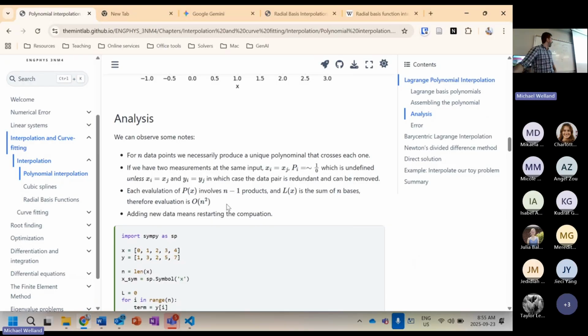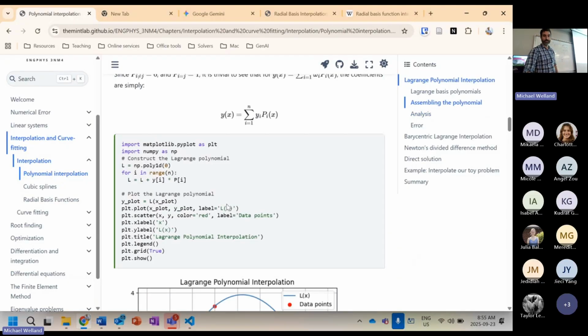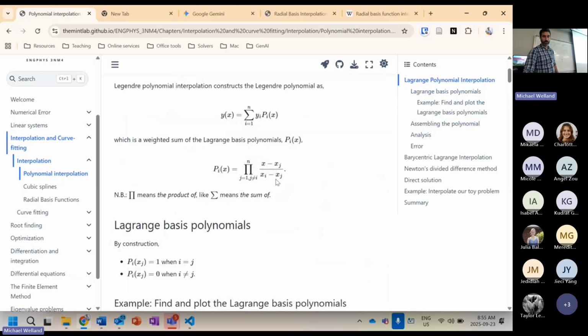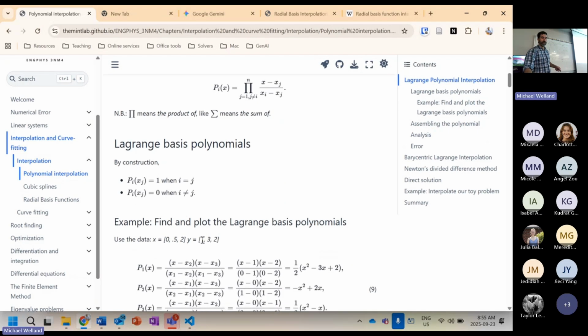Each evaluation of these p functions involves, so every time, we've computed it all and now we're just evaluating it. It's going to be n minus 1 products here. So we have 3 terms, that's our input space, and this is 2 products.